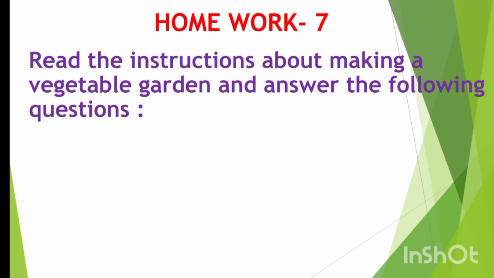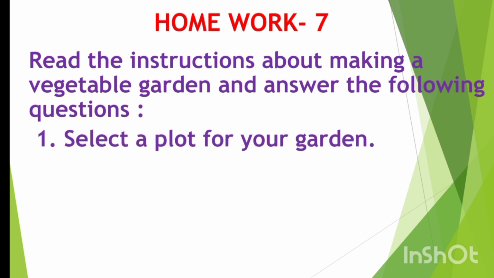So read the instructions about making a vegetable garden and answer the following questions. Number 1, select a plot for your garden. At first you have to select or you have to choose a plot or field for your garden.